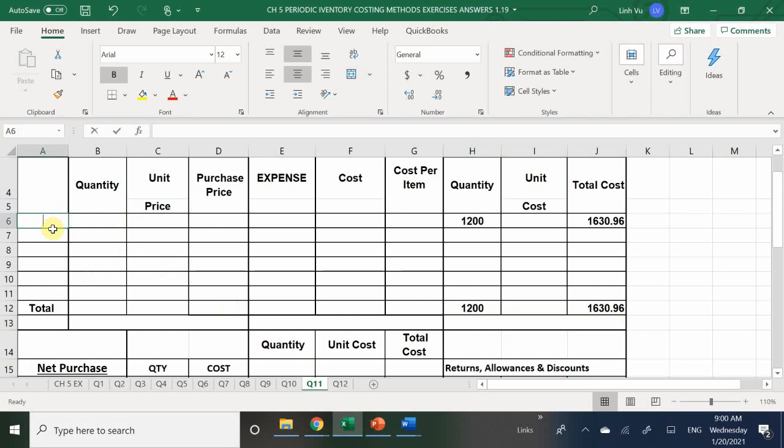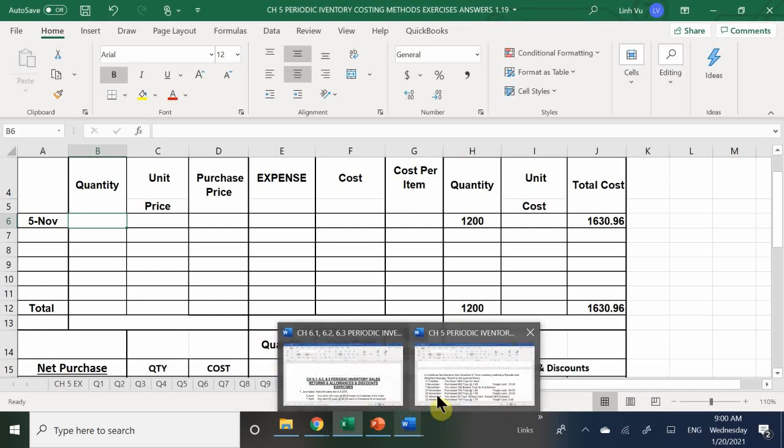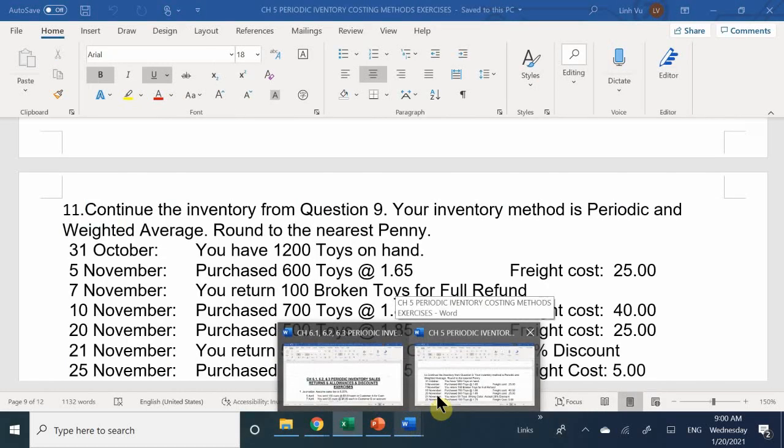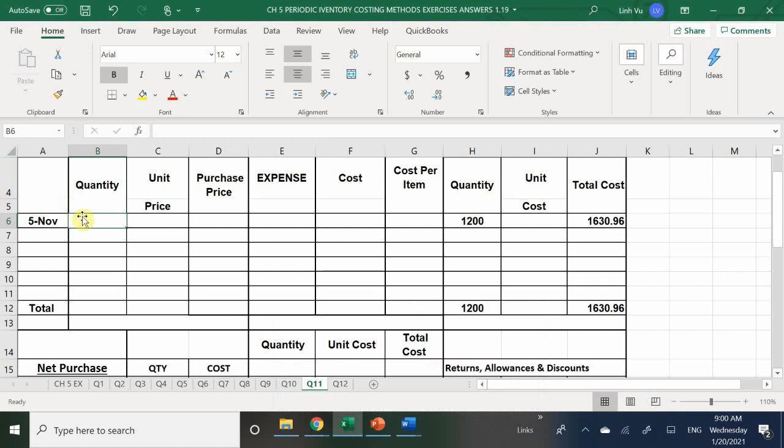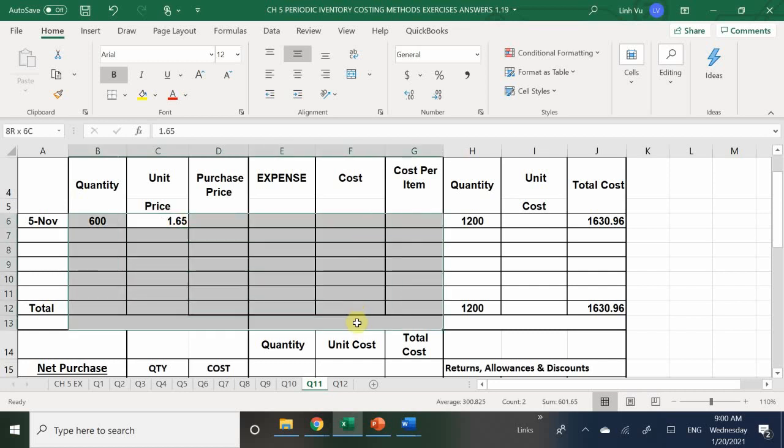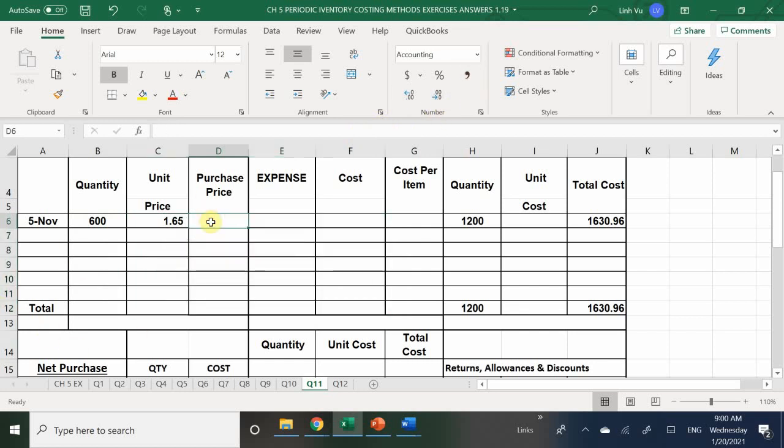So what is my total purchase price here? 990.